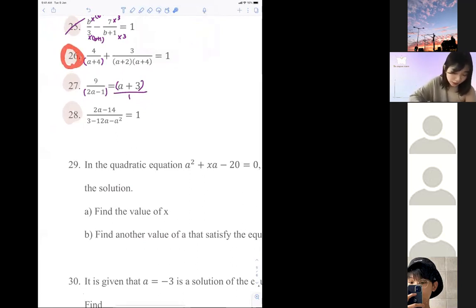Okay. The rest who are not done with 26, can you send it to me? Okay, if you got stuck, you send it to me also.